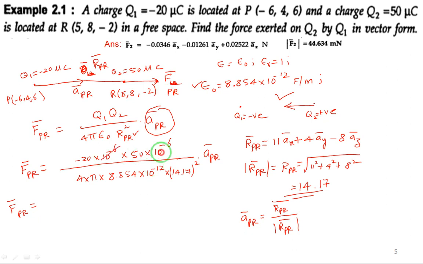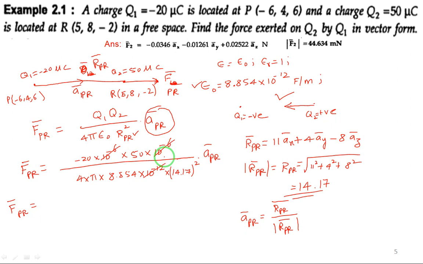You can observe here 10 power minus 12, 10 power minus 6, 10 power minus 6. The minus 12 and 10 power minus 12 will get cancelled. So I am left with 20 into 50 divided by 4 into pi, pi is there in your calculator, 4 into pi into 8.854 into 14.17 square.